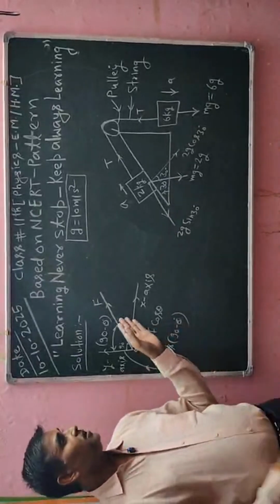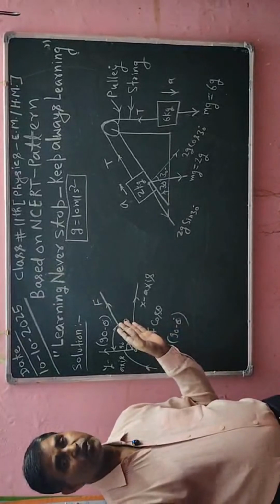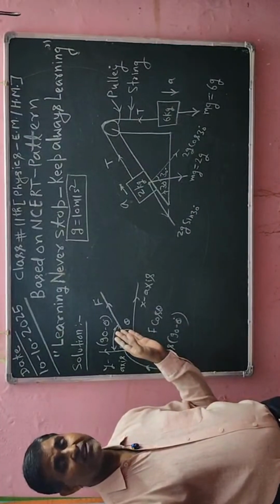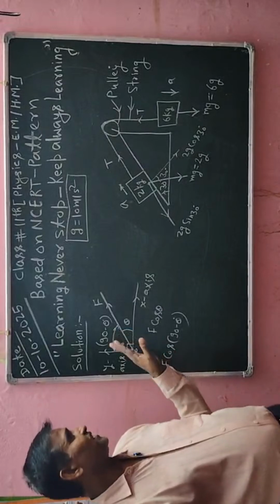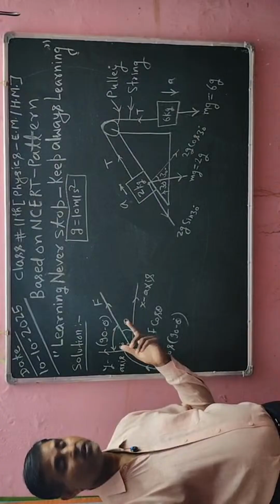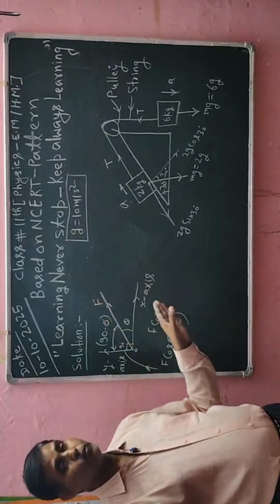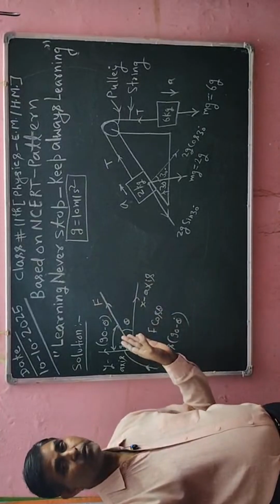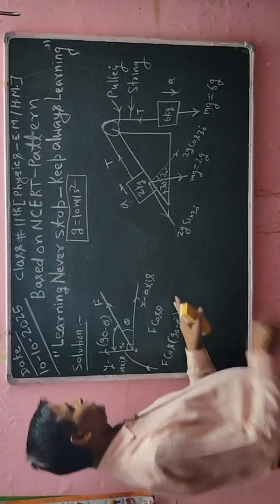In trigonometry, there are 6 types of trigonometrical ratio: sin theta, cos theta, tan theta, cot theta, sec theta, and cosec theta. If I draw two lines on the blackboard and both lines make 90 degrees, there will be 4 quadrants.